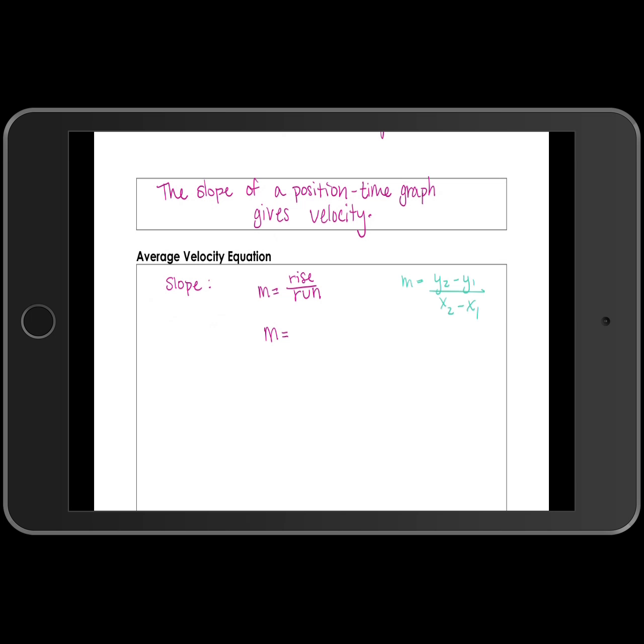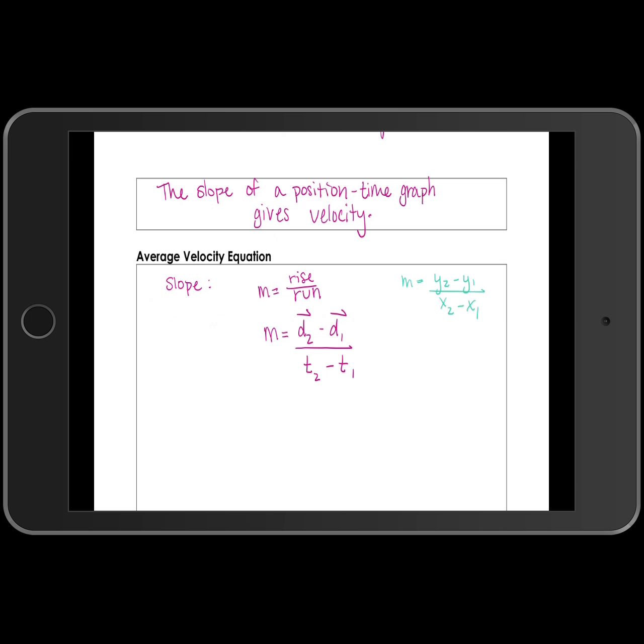For m, we're going to have the d, or position, d2 minus d1, so remember those are positions, and then all over t2 minus t1.